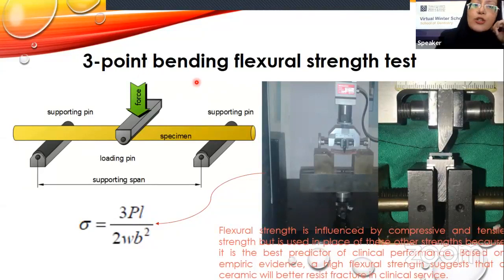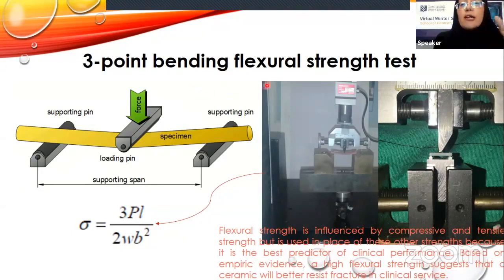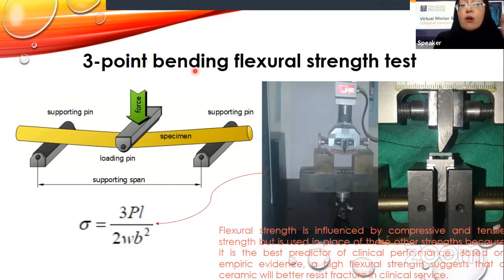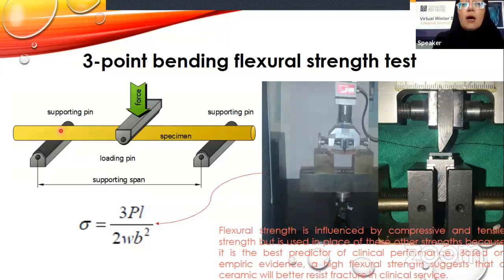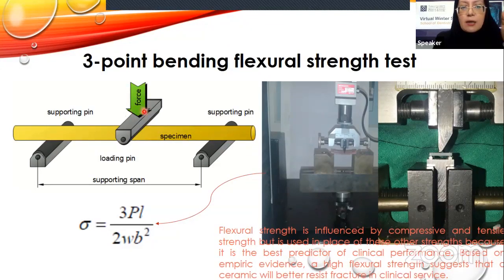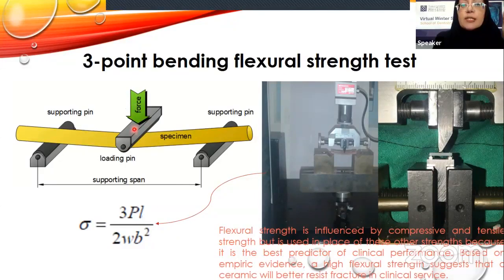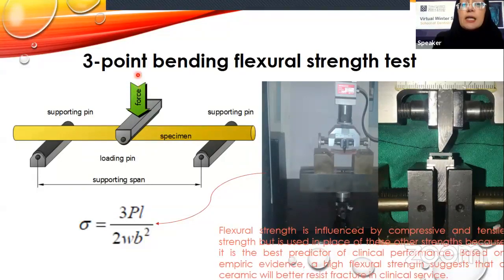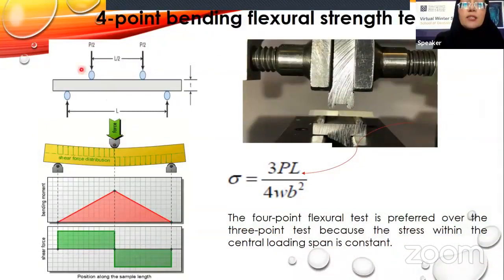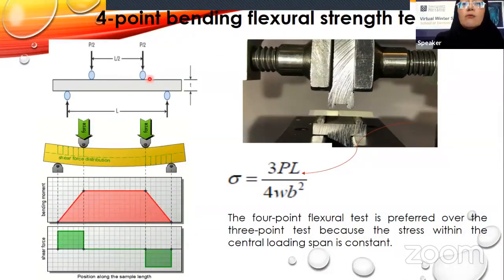As I told you, we have different kinds of flexural strength tests, 3-point bending and 4-point bending. The difference between them is just in applying the force. In 3-point bending the force is applied at one point, and in 4-point bending we apply the force at two points.